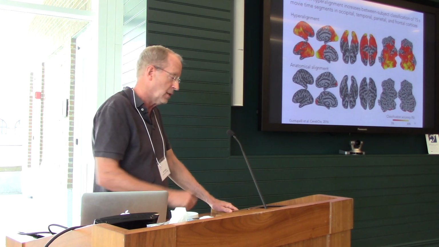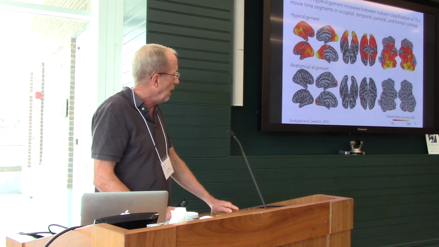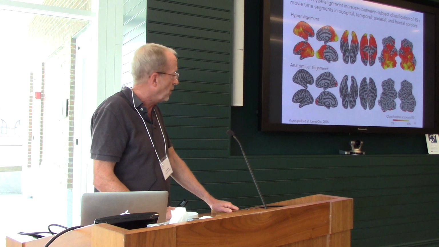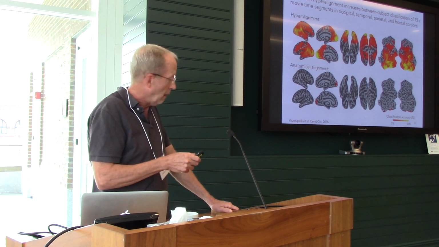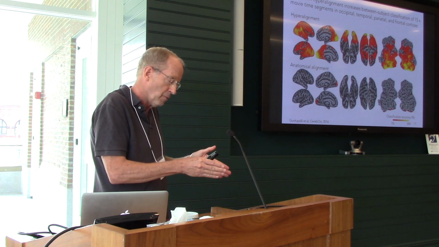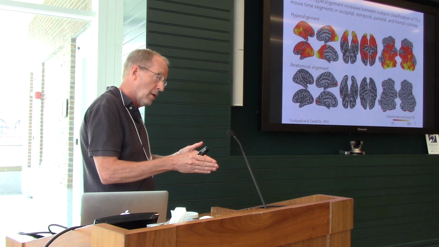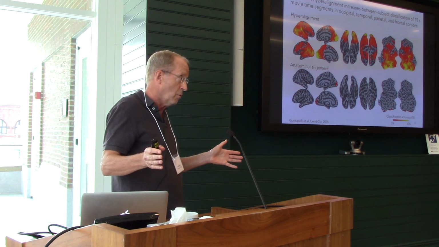So we take 15 seconds of brain data, that's 5 or 6 TRs, depending on the data set, and ask, is the pattern of activity in that short segment of time most similar to other subjects' activity during the same period of time as compared to all other times during the movie?